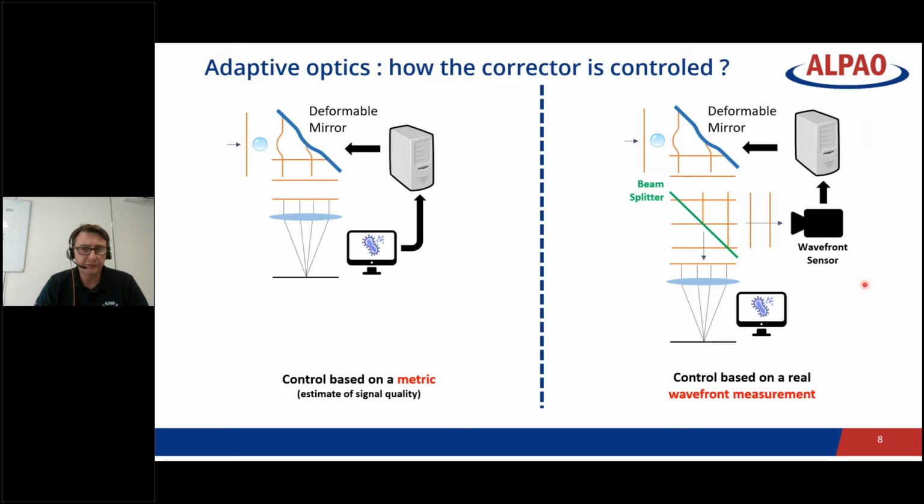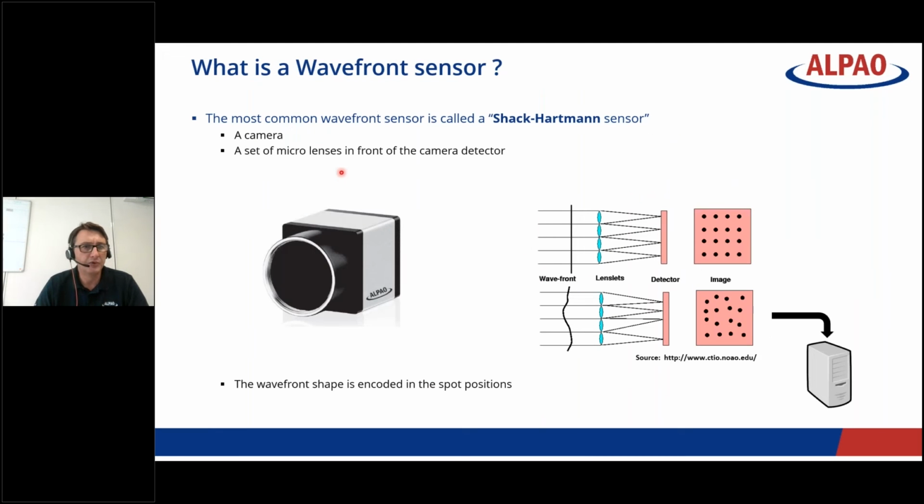Like for the deformable mirror, I won't go into the detail of wavefront sensors, but just to give you an idea of how it works. The most common kind of wavefront sensor used in adaptive optics is what we call a Shack-Hartmann sensor, from the name of the inventors. It's a camera. Any camera can be used.